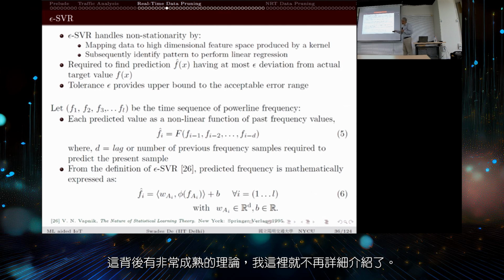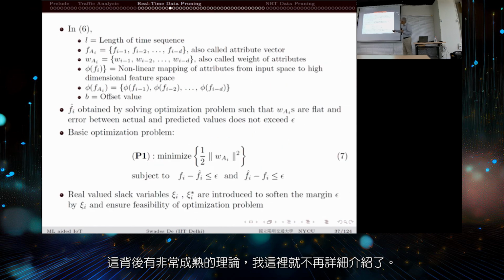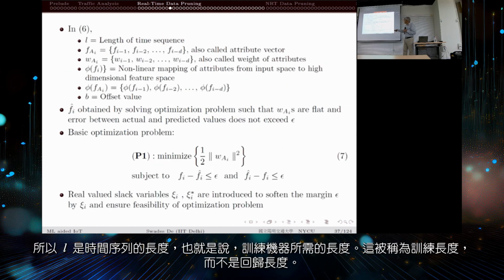And there is a very well-known theory behind it, so I'm not going to go through this. L is the length of the time sequence, meaning that for training the machine, what is the length required? This is not the regression length; this is the training length.